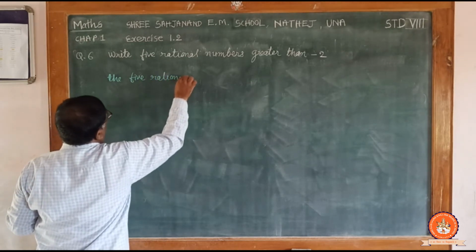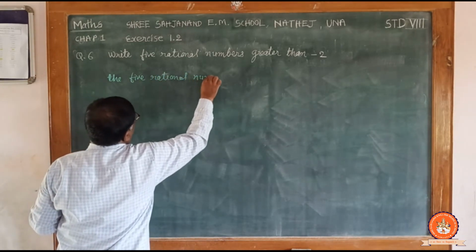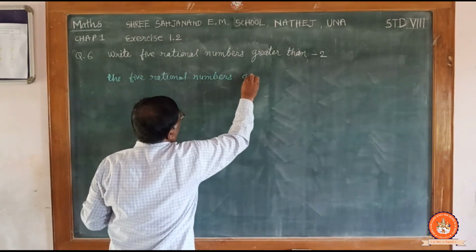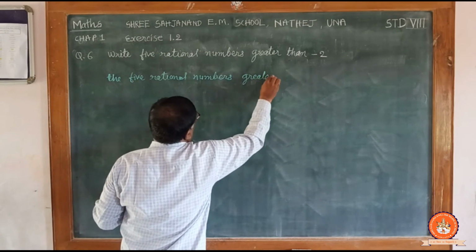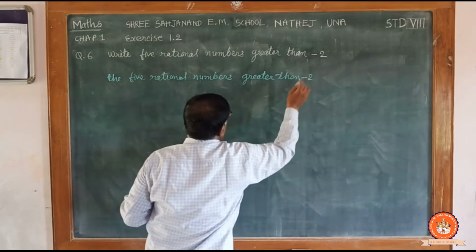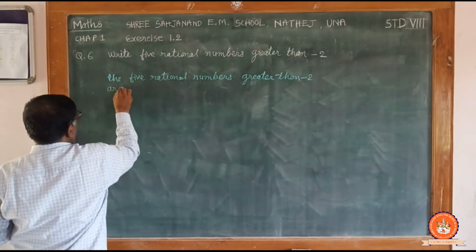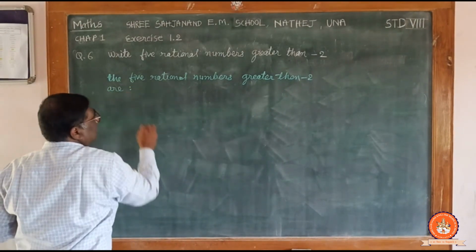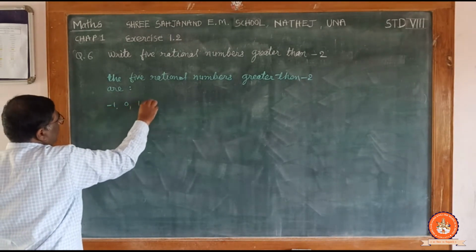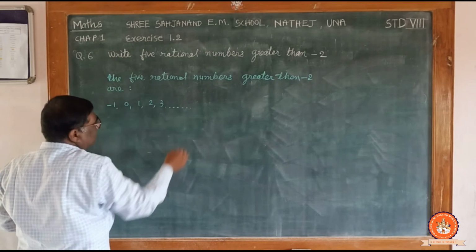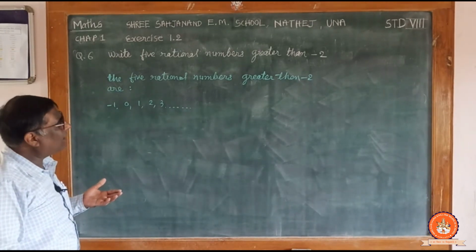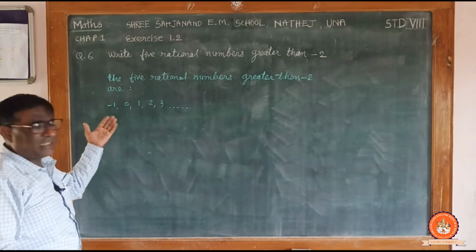So 5 rational numbers greater than minus 2 are, you can write, minus 1, 0, 1, 2, 3. These are integers, and integers are rational numbers. So you can write this list.